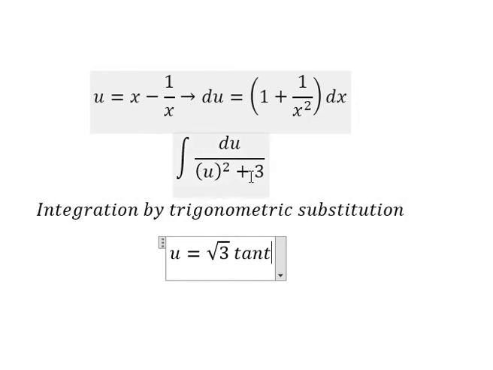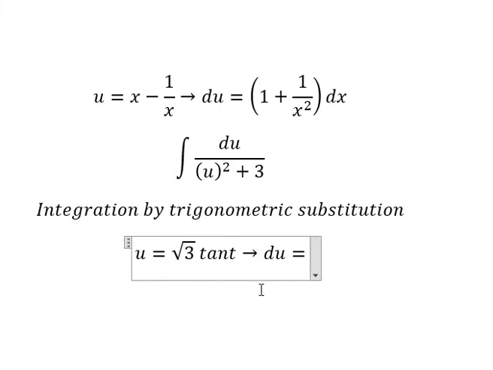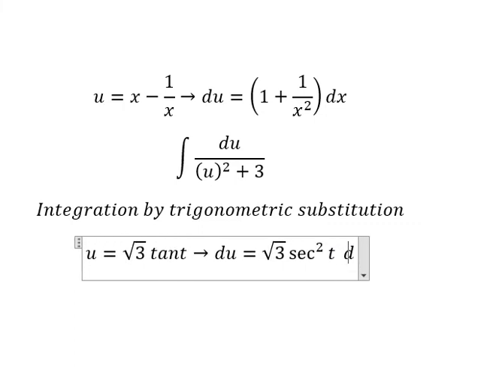Number 3, we can do about factorization. Tan t square plus 1, we change secant of t square, and later that we simplify by du. We do first the derivative for the both sides. We have the square root of number 3 secant of t square dt.